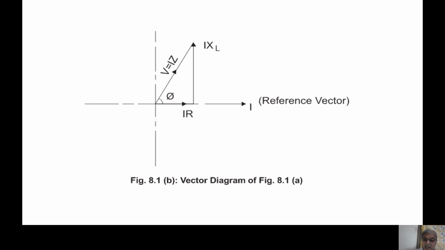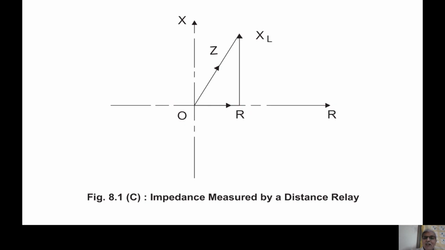Other way of telling, I can tell that impedance vector Z lies in the first quadrant of the RX plane. R is on the x-axis and X is on the y-axis. I will not say xy axis because otherwise there will be misunderstanding.